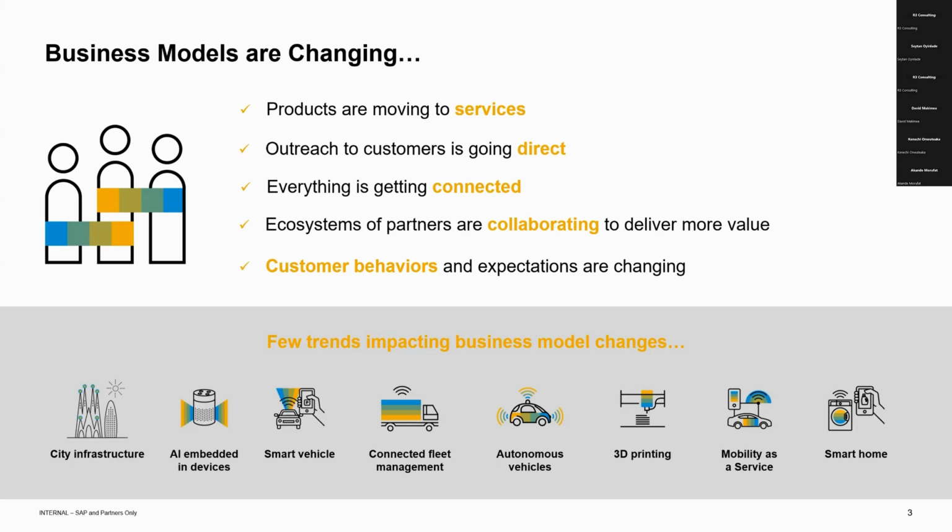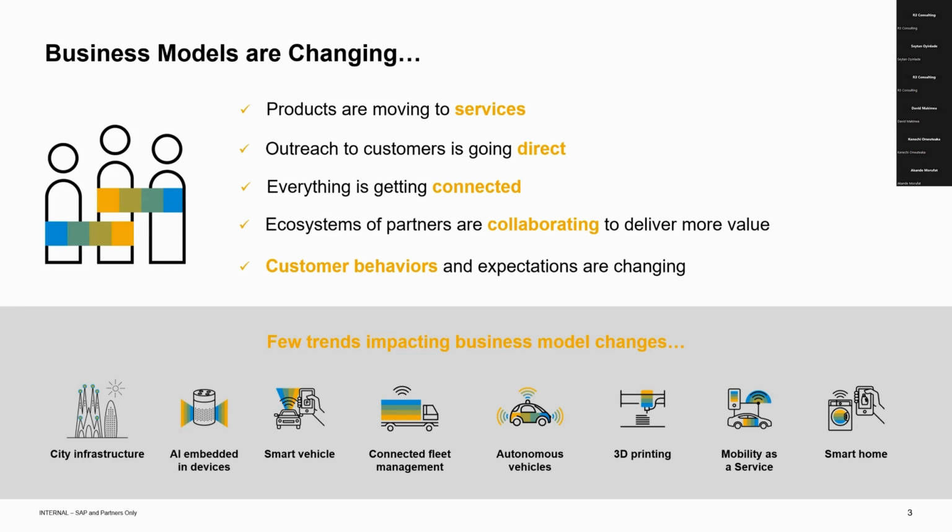Then everything is getting connected. Here we talk about the Internet of Things. Then ecosystems of partners are collaborating to deliver more value. Also, customer behaviors and expectations are changing, with a shift to online business models and so on.